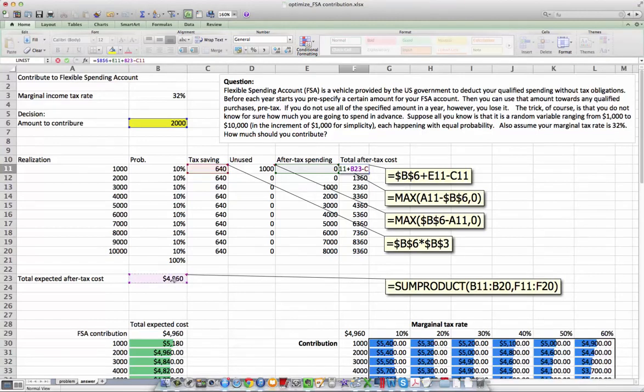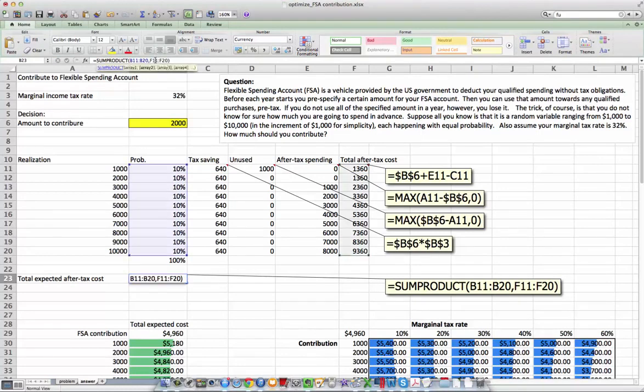Now here is the formula for the total expected cost. Basically, it is a weighted average of those 10 scenarios, and that's our objective. So how do we know which number will provide the lowest cost?